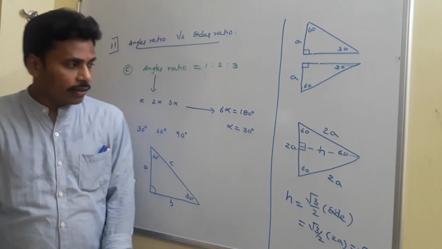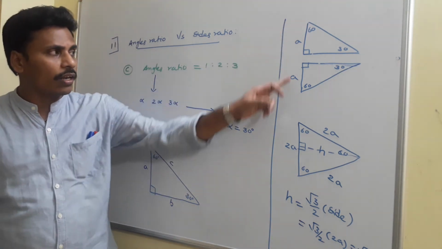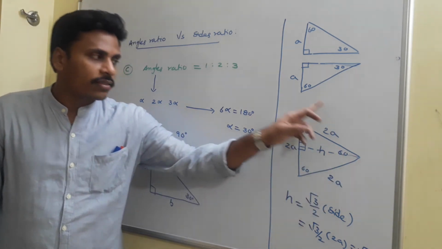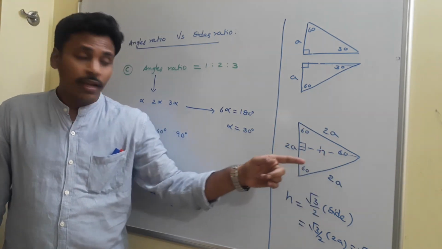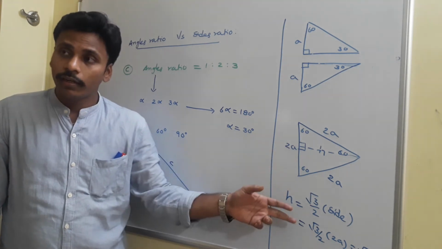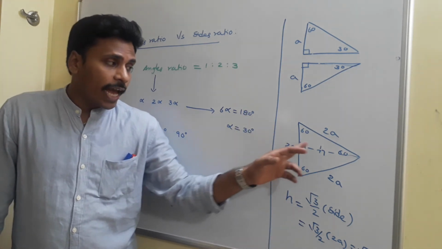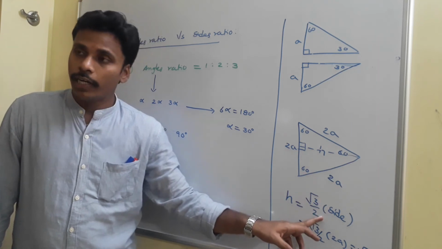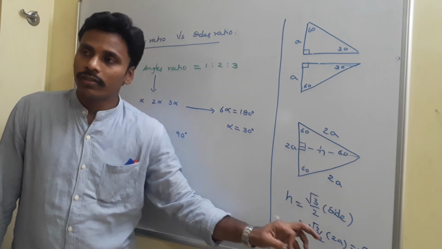We already know this total length is 2A, so all the sides are 2A, and from the Pythagorean result you can calculate the height again using root 3 by 2 times the side, which is root 3A.